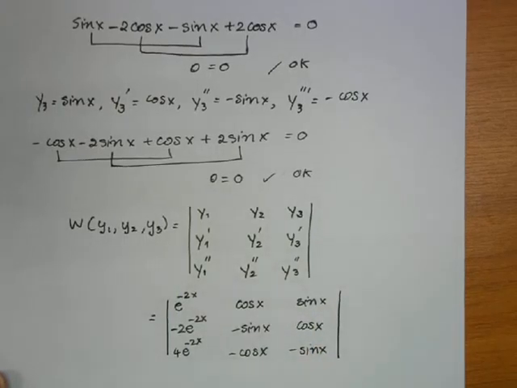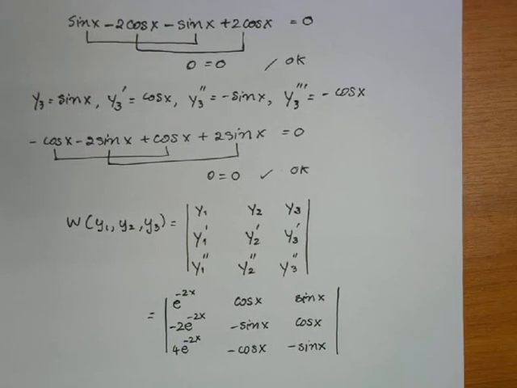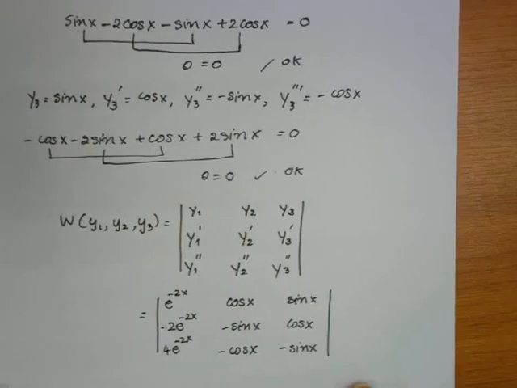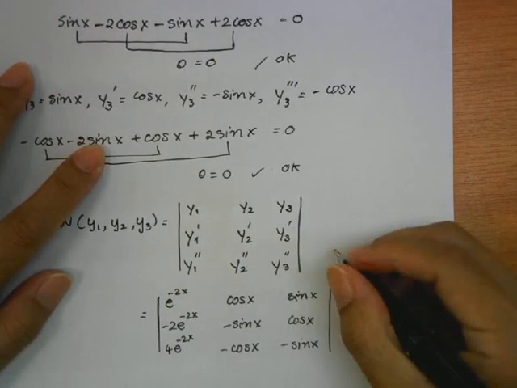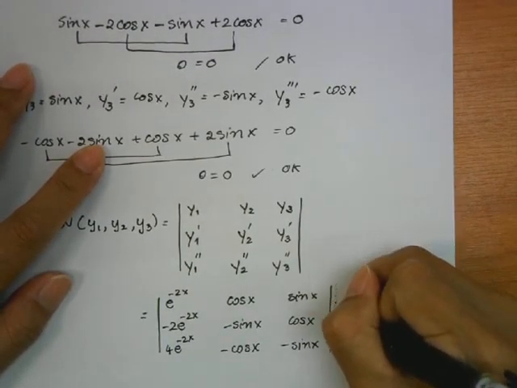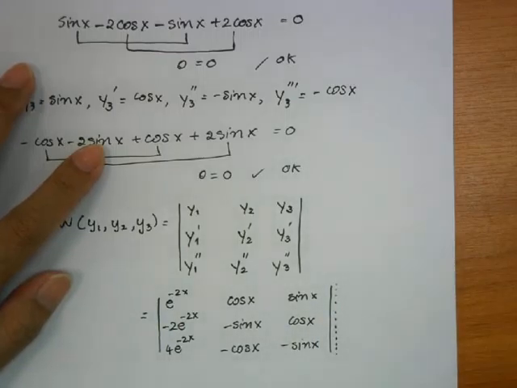Okay, got a 3 by 3 matrix. So you do the determinant for 3 by 3. What you got to do is write down columns 1, 2, 3, and then you can write down another column 1 and 2.